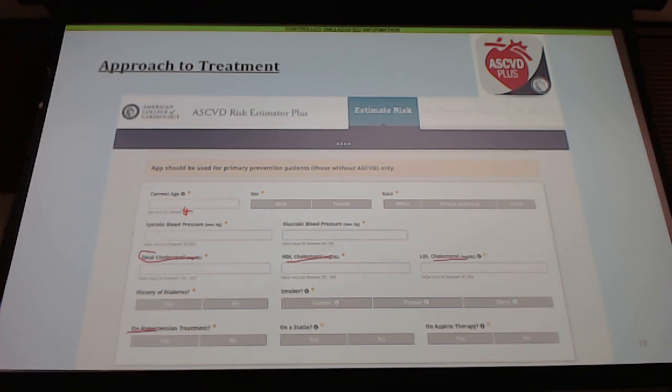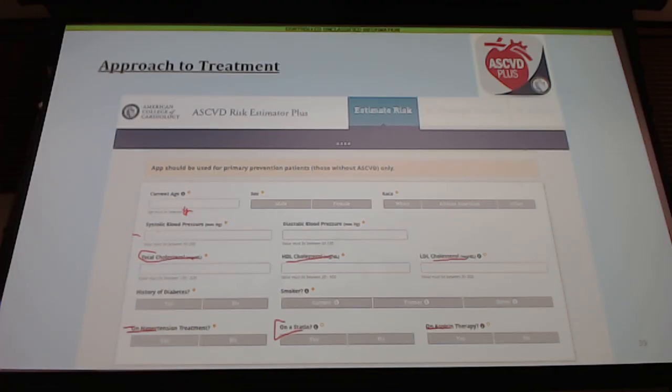Because if they're on meds for it and it's normal, then that's great, but you still are at increased risk because you have high blood pressure, versus somebody who has a borderline blood pressure and they're taking their meds and it's still borderline, and that's going to put them at a higher risk. So are they on medications for hypertension? Are they on a statin? And then are they on aspirin therapy?